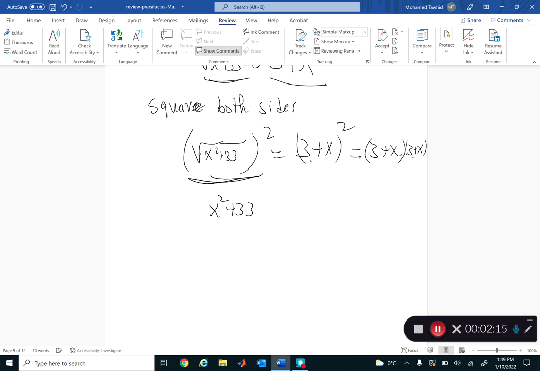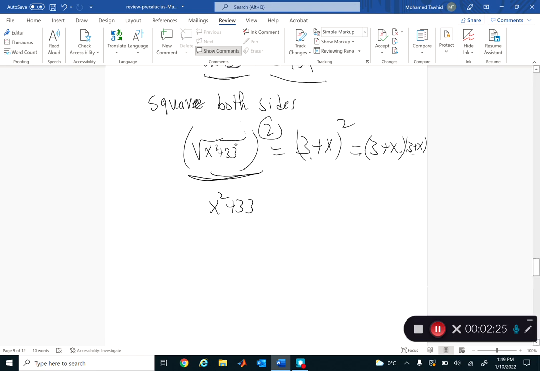You get rid of this radical because a square root can be written as something to the power 1 over 2. With the 2 here, if you have 2 exponents like this, you multiply them together and you get 1.